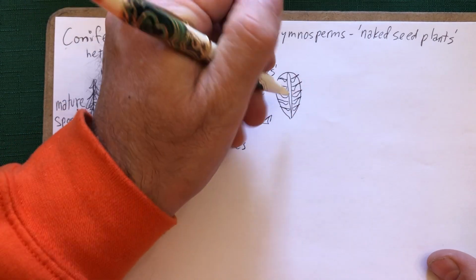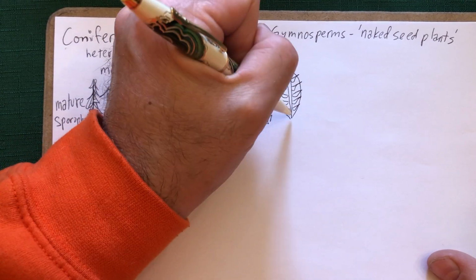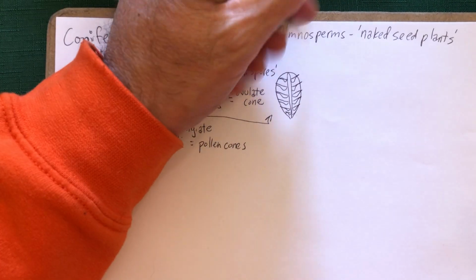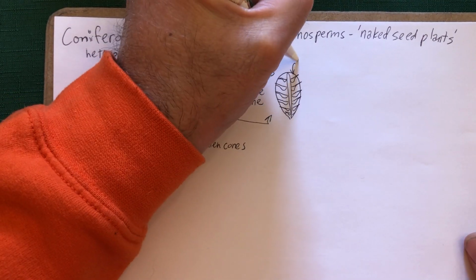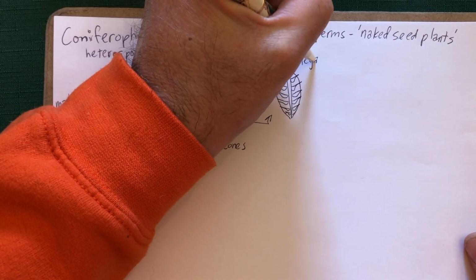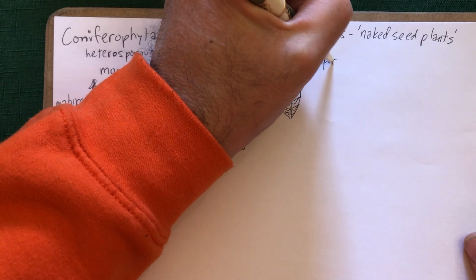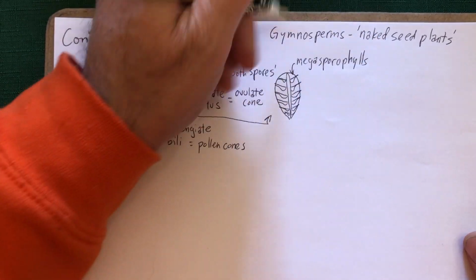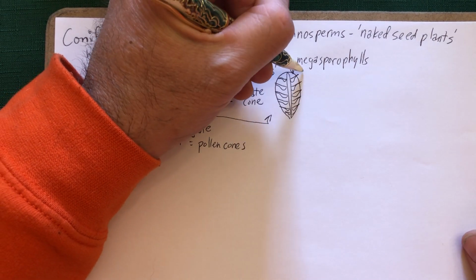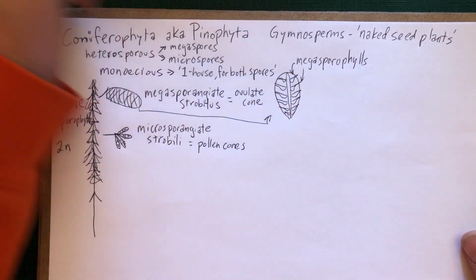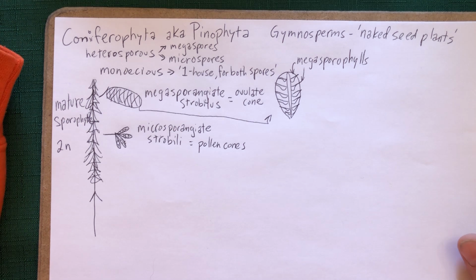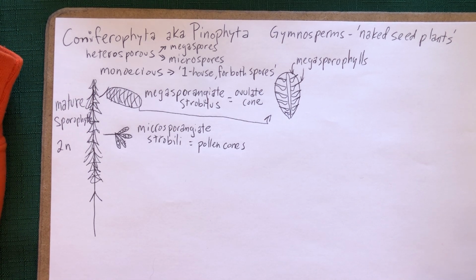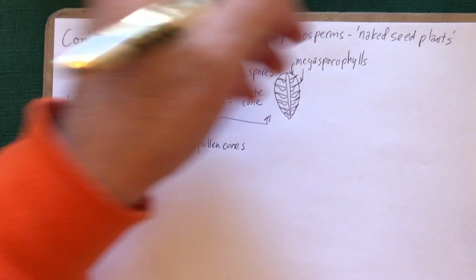That's okay. All right, so what these things are, the megasporophylls, pointed two of them, or the modified leaves that will produce the megaspores.